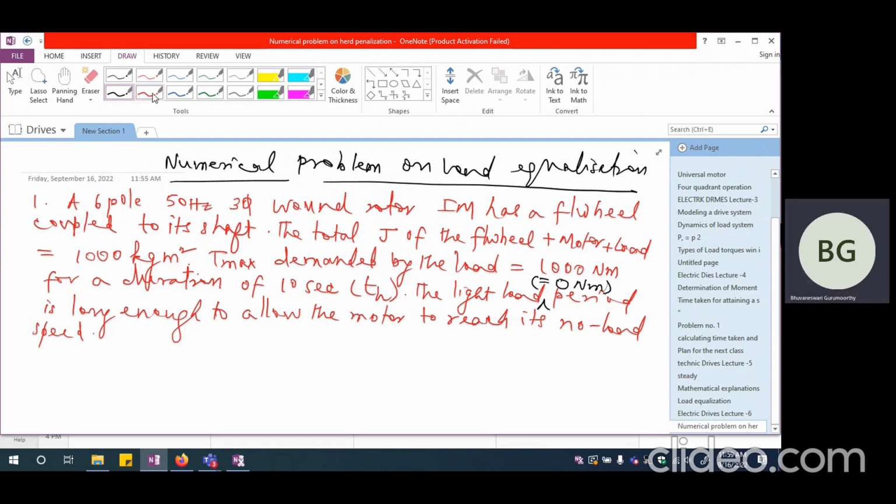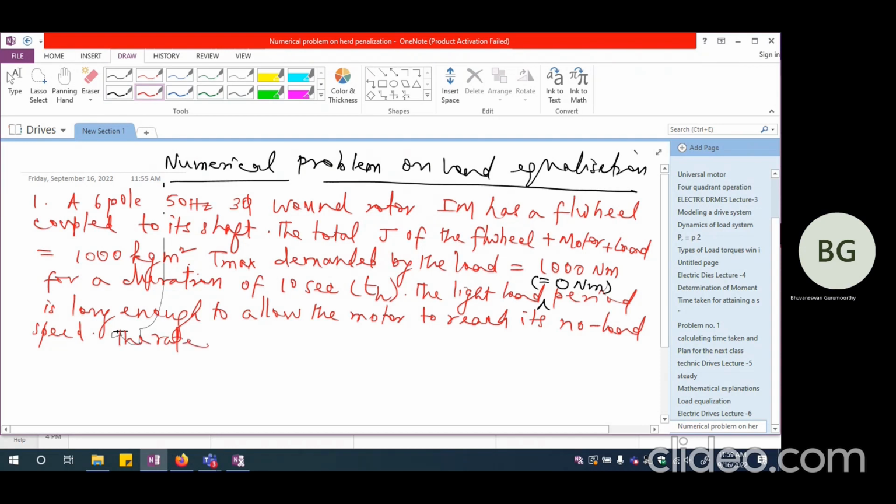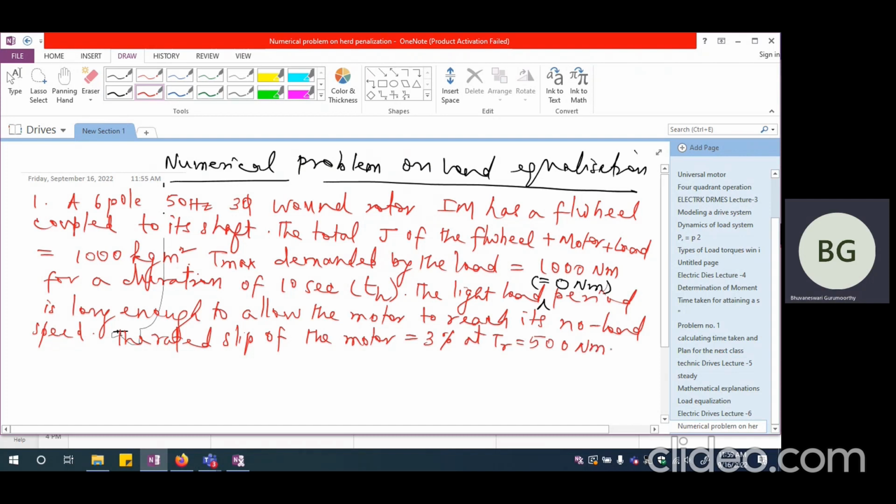The rated slip of the motor is 3% at TR, that is rated torque of 500 Newton meter.